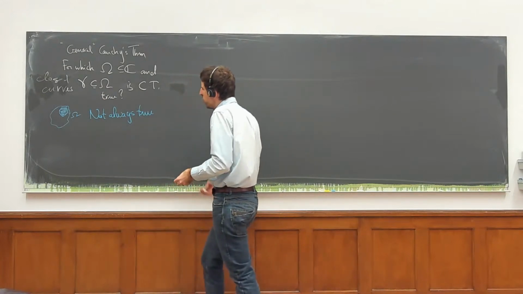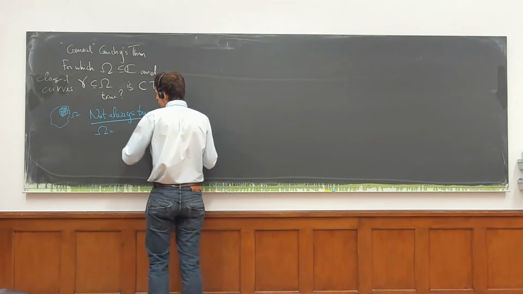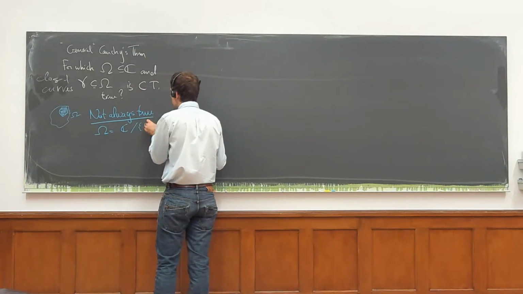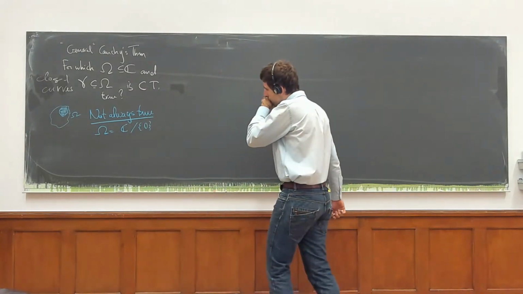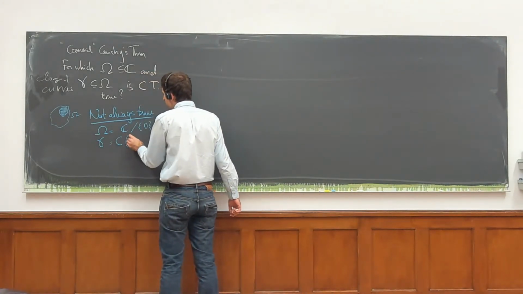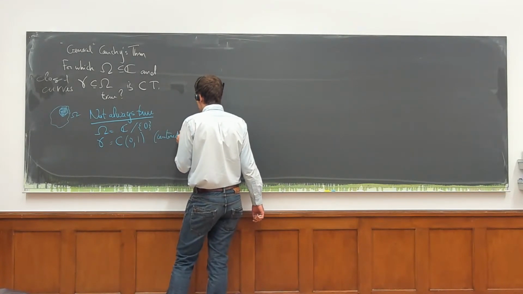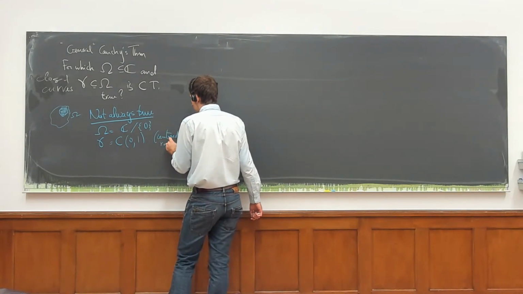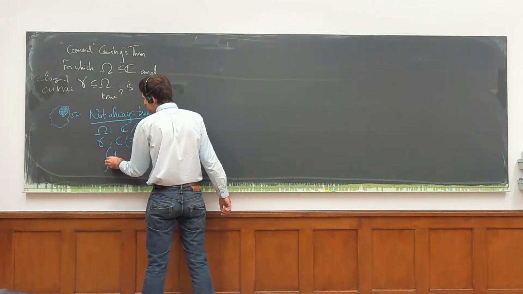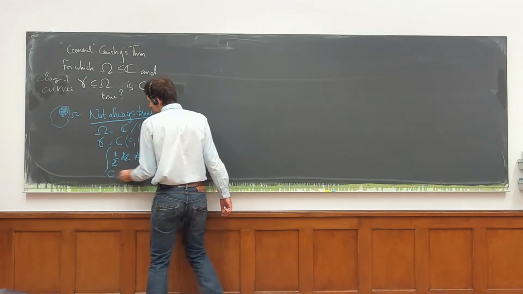It's clearly not always true, because if I take omega to be the complex numbers taking away 0, and I take the circle centered at 0 with radius 1, we know that the integral of 1 over z dz is not 0 on the circle.